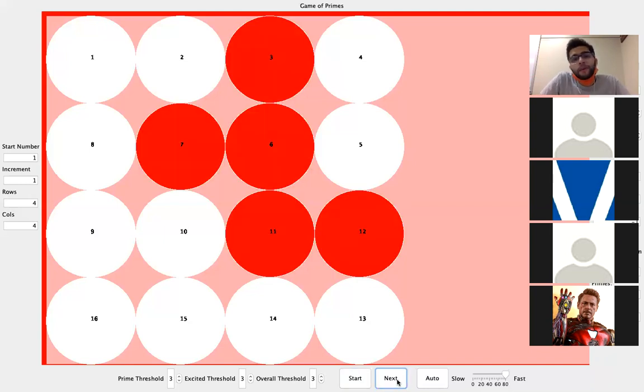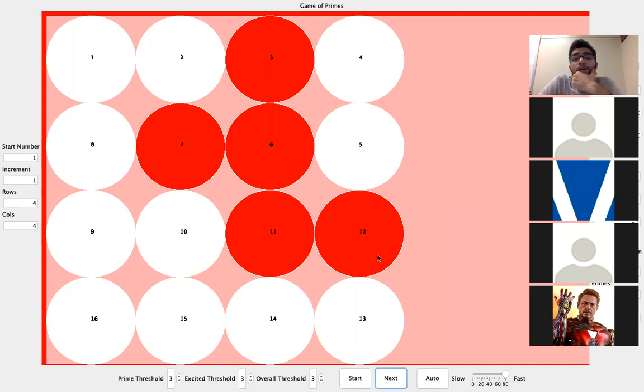Now the moment these people got excited, we quickly realized that 6 will now become dormant because 6 has too many neighbors around it, right? So just think about 6. 6 has 1, 2, 3, 4, 5, 6 numbers around it which are either prime or excited, and that would mean that in the next state 6 goes back to becoming dormant. Can we check what happens to 12?